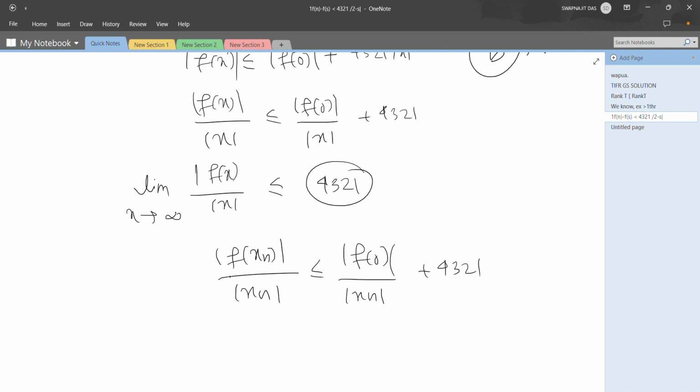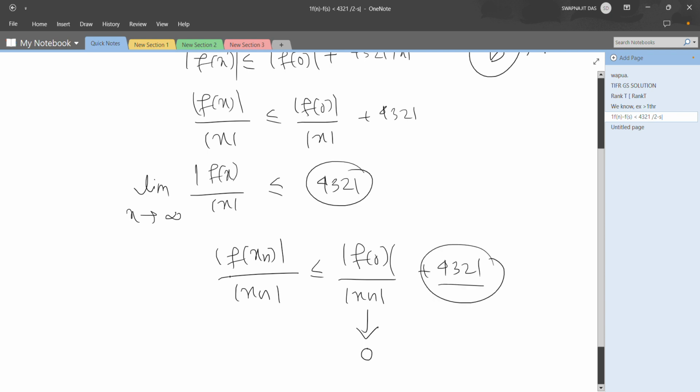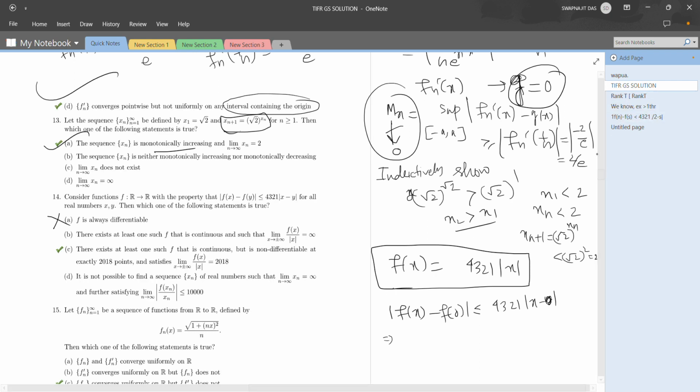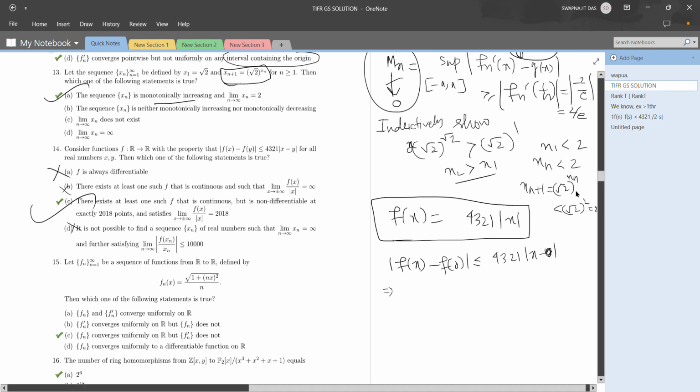If you take any xn which goes to infinity, then this part goes to 0, and this will be less equal to 4321, which is strictly less than 10,000. So that means it is always possible to find. Hence this option is also wrong, so this is correct.